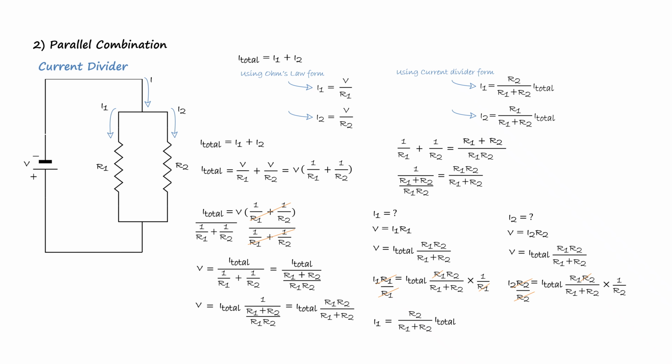So finally, we get I2 is equal to R1 over R1 plus R2 times I total.